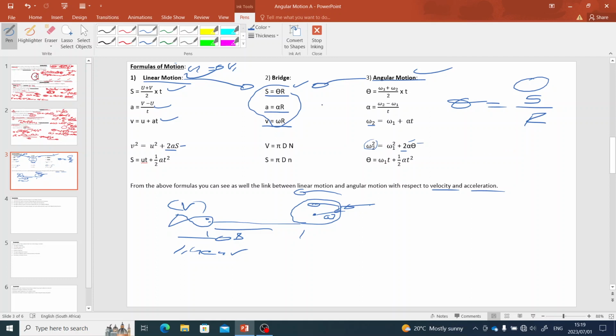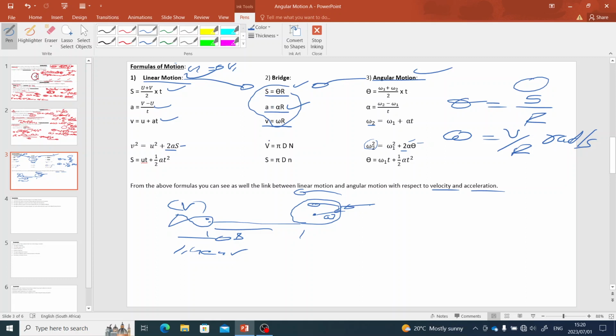Now, if you are given the linear acceleration and they want you to calculate the angular acceleration and you are given the diameter, this formula is applicable, including this one. If you are given the linear velocity and they want you to calculate the omega, it is V over R, then you get your rad per second. We call them the bridge formulas, bridging the two.